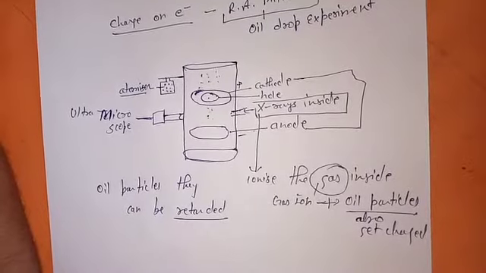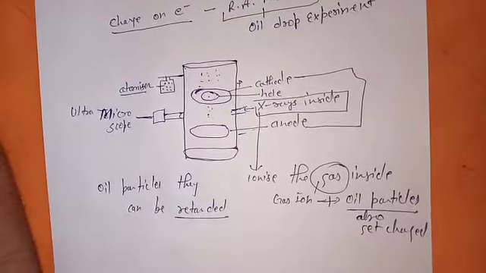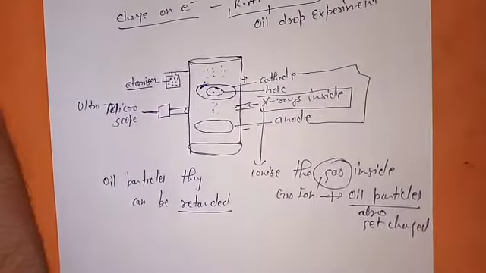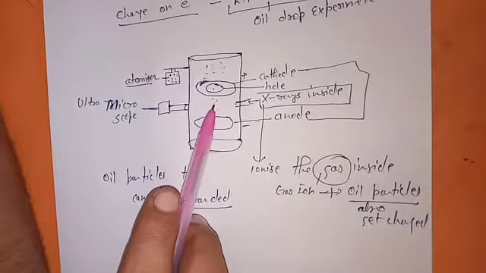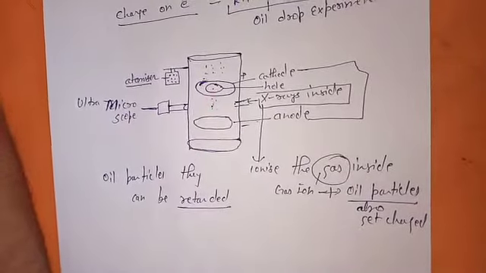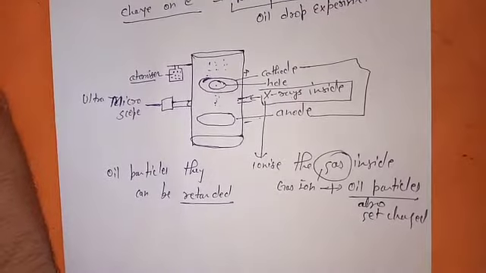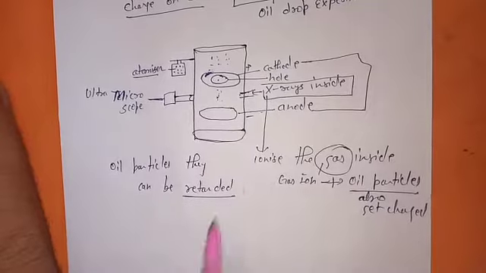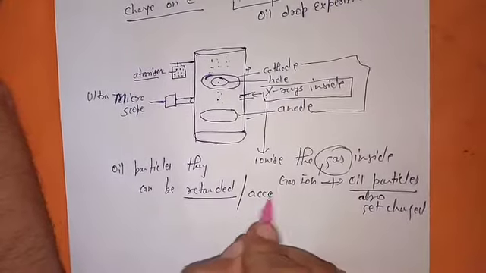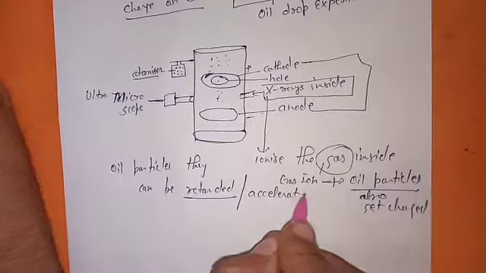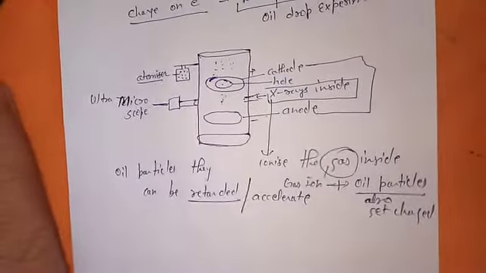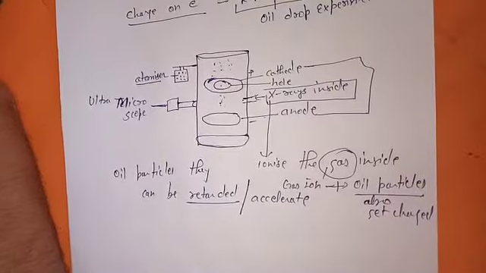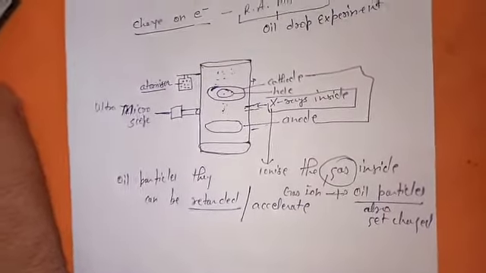You can slow the rate at which they come down by ionizing them, because after ionizing, the oil particles start being attracted towards the cathode. That's why the movement becomes slower. You can retard the oil particles, and you can also accelerate them by changing the cathode and anode. In that case the oil particles are attracted more rapidly towards the ground and acceleration takes place.